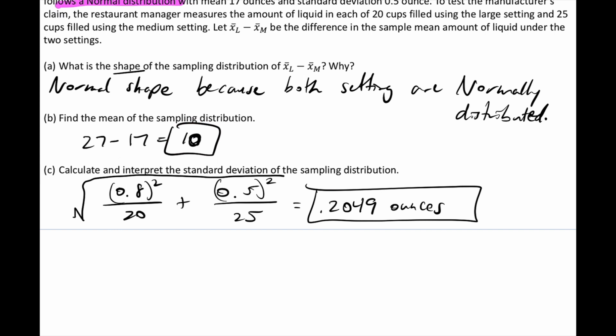That number would vary by about 0.2049 ounces. So the difference here will vary by about 0.2 of an ounce, or 1/5 of an ounce.